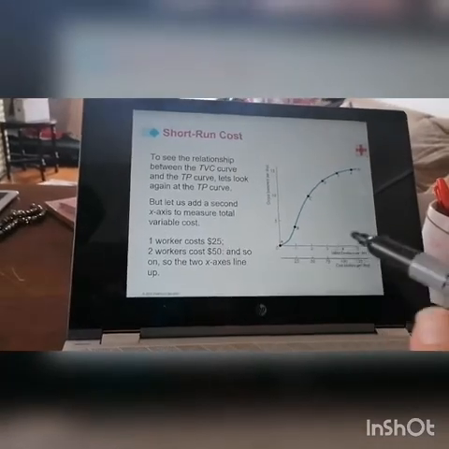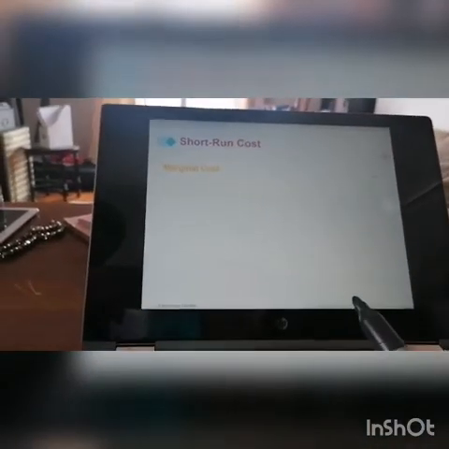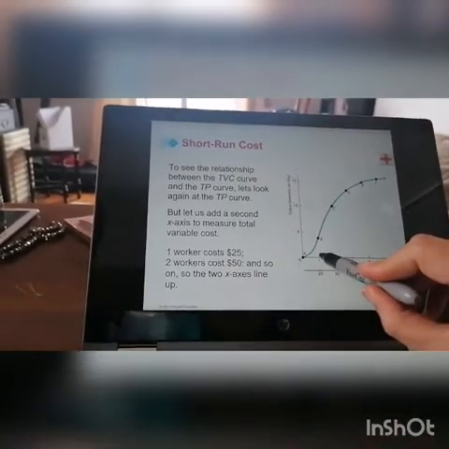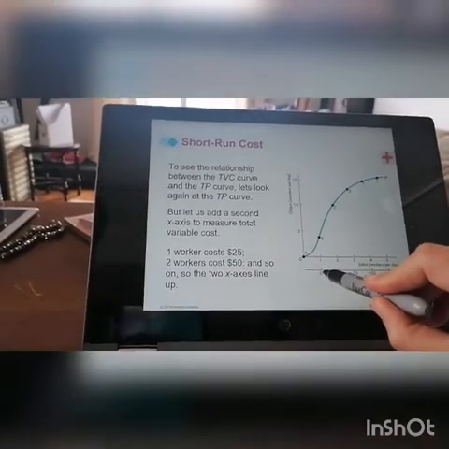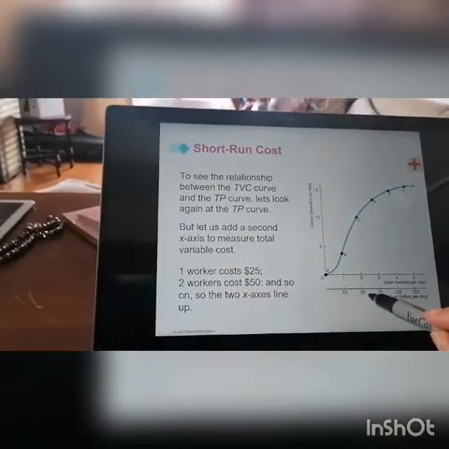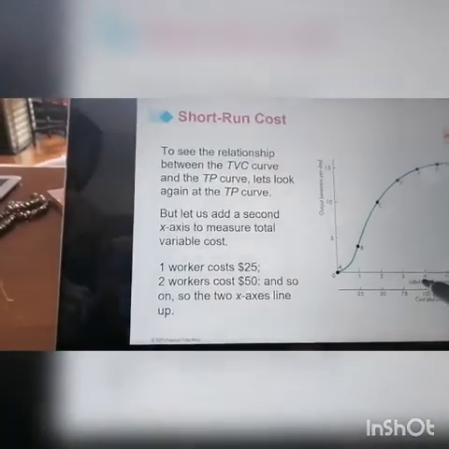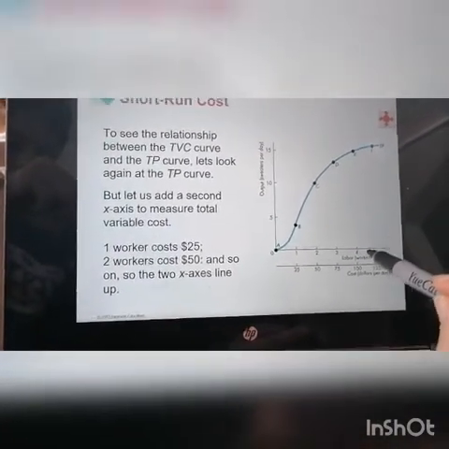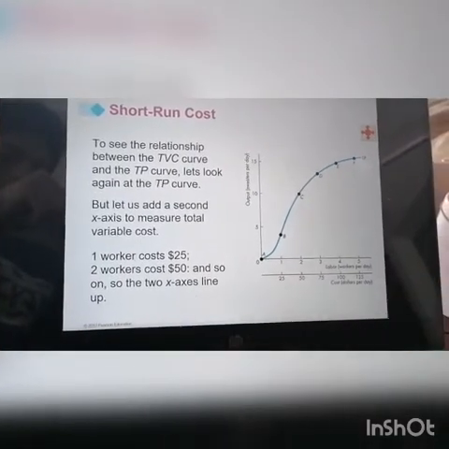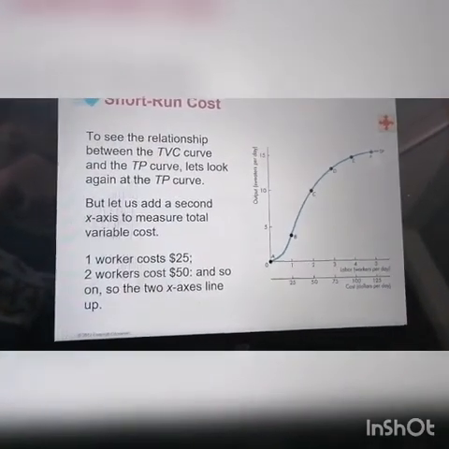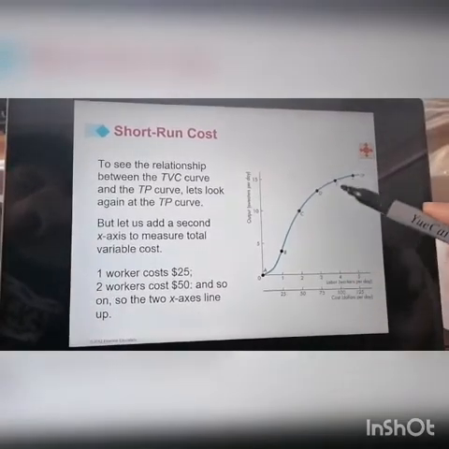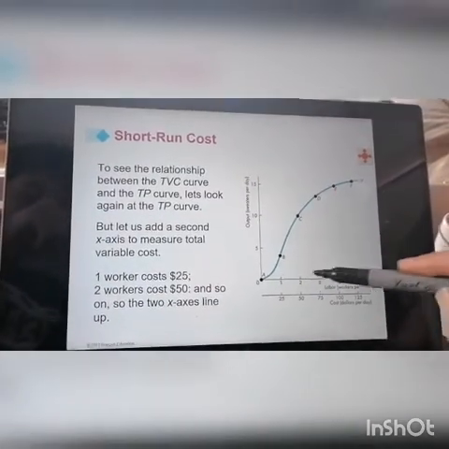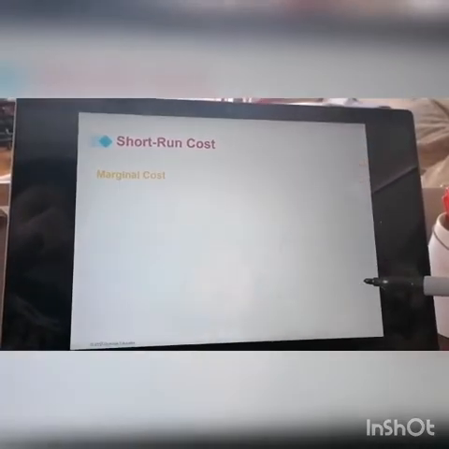Here, one worker costs you $25. Two workers cost you $50. Three workers cost you $75, and so on and so forth. Four workers times $25 equals $100 per day. But the total product is increasing with the increase in the number of workers.